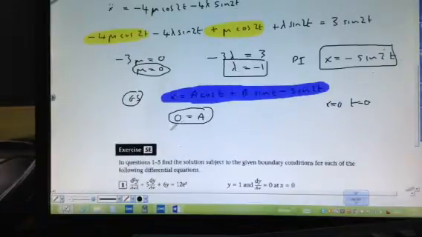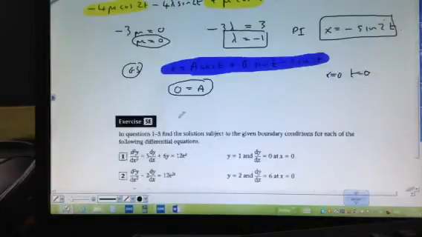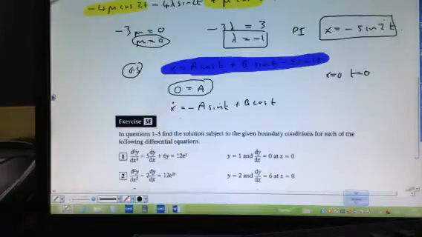Next thing is differentiate it, because we're told that dx by dt is 1. So differentiating gives you x dot is equal to minus a sine t plus b cos t minus 2 cos 2t.